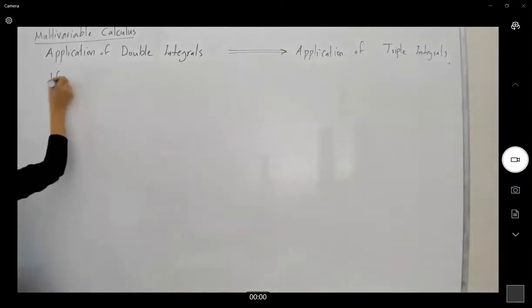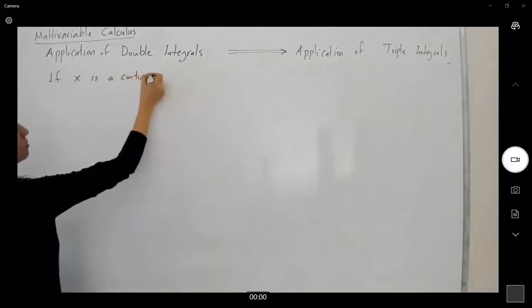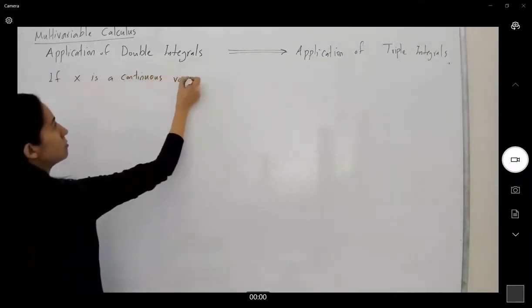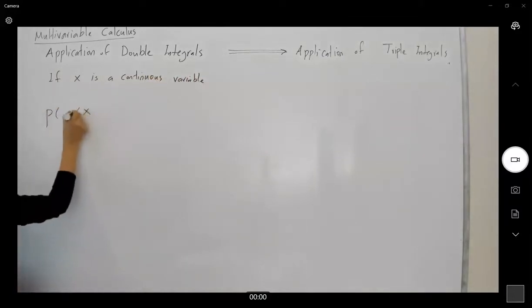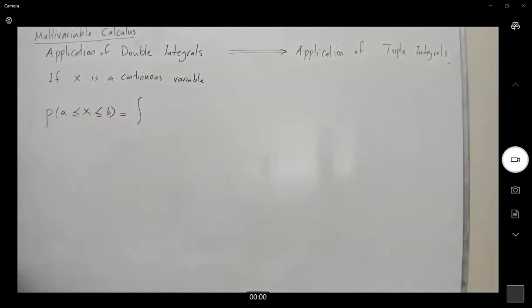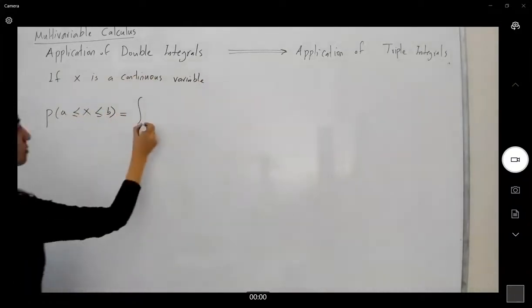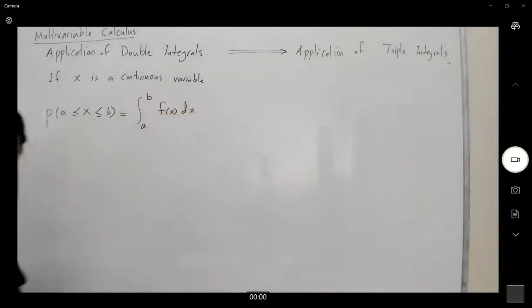For a continuous variable, the probability that x is in between a and b is defined as the integral from a to b of f of x dx.